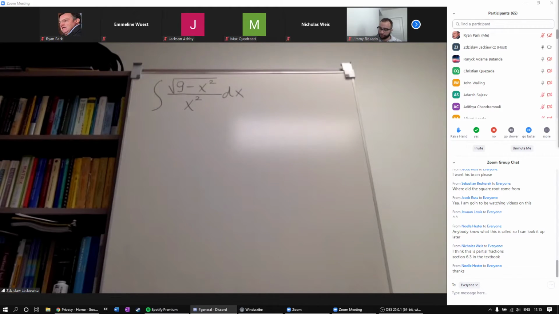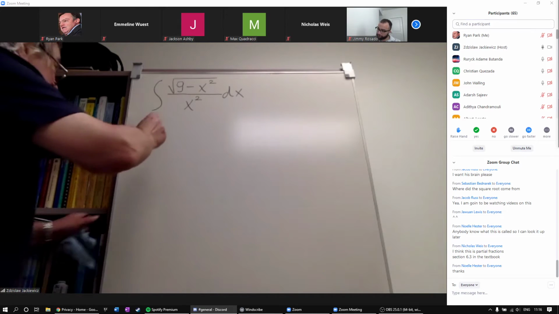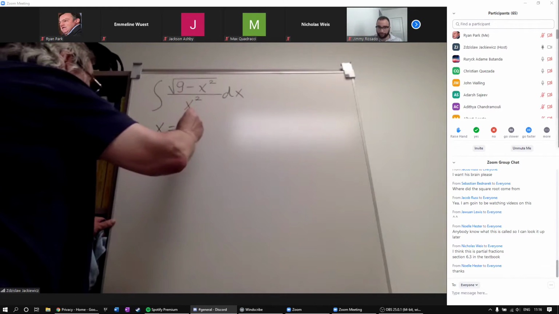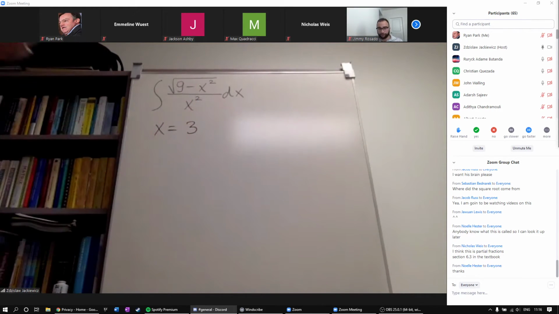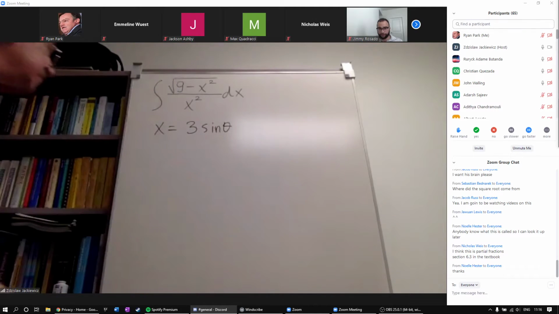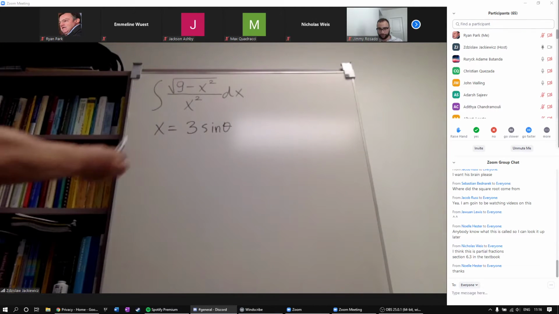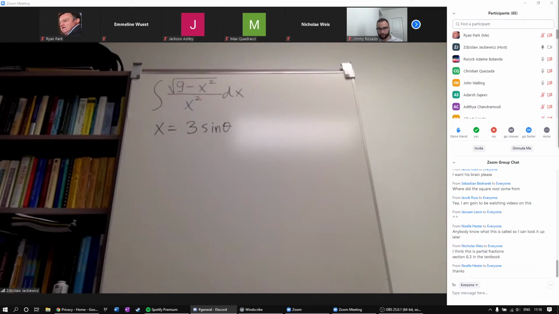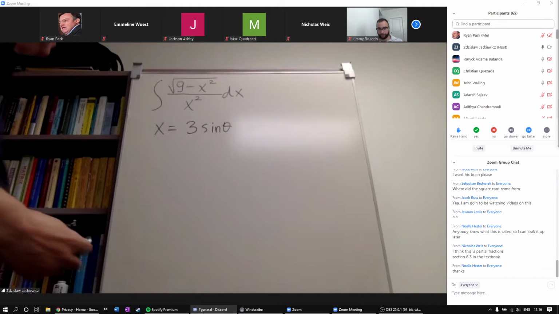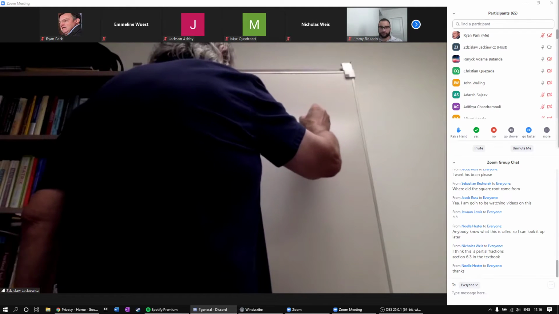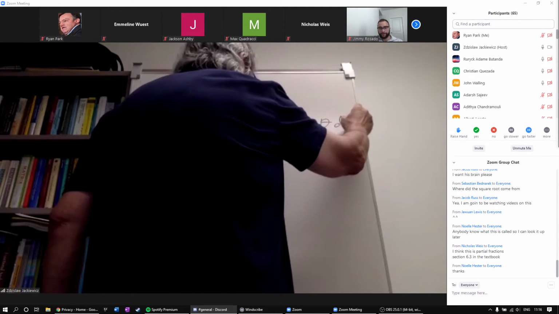Looking at the table, you remember the recommended substitution this time is x equals, well, we have 3 squared, so 3 sine theta. Once you see something like this, that's what you should substitute, hoping that this will simplify computations. Of course, dx is 3 cosine theta d theta.